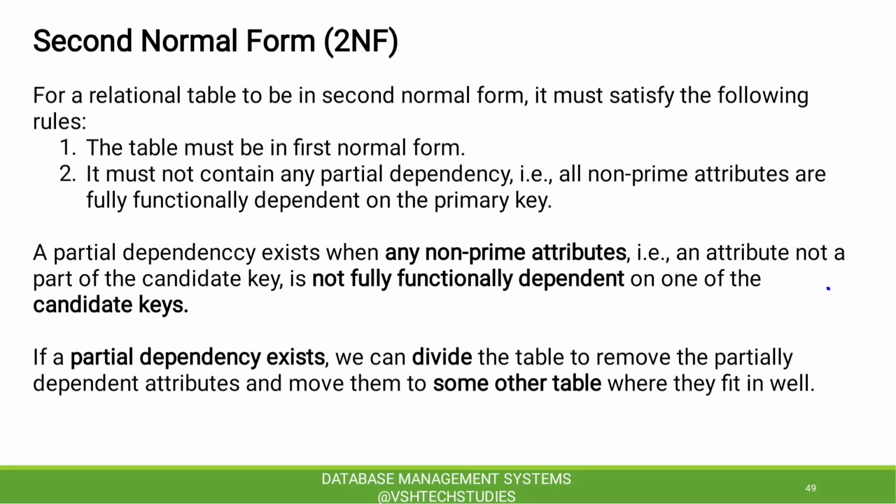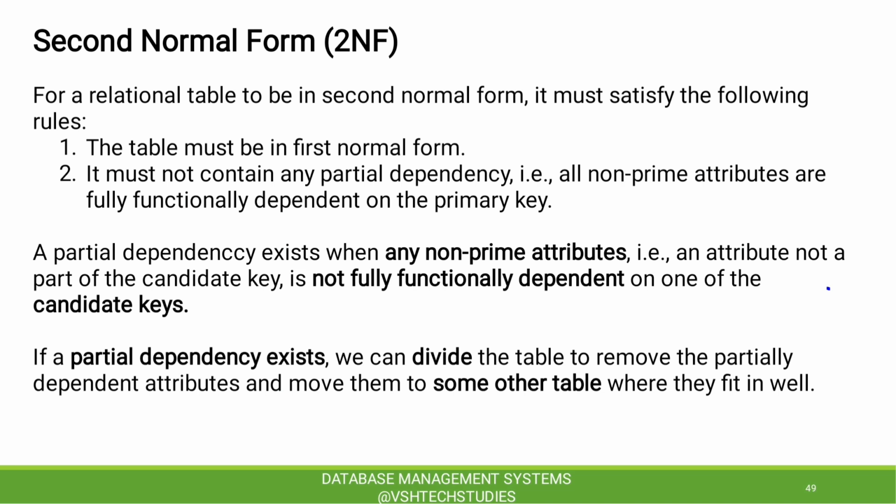Next, what is second normal form or 2NF? For a relation or table to be in second normal form, it must satisfy the following rules. The first one, the table must be in first normal form. Then it must not contain any partial dependency. That is, all non-prime attributes are fully functionally dependent on the primary key.